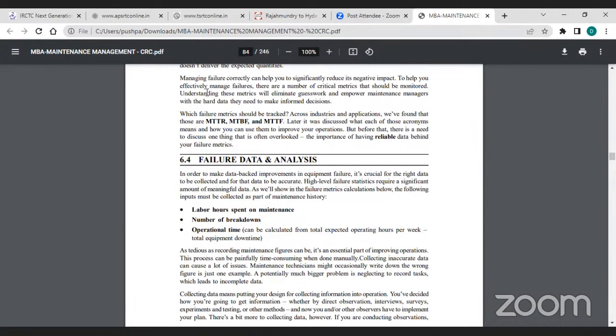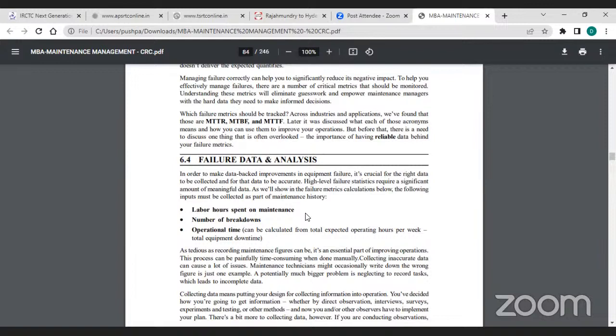Then we have also seen failure data and analysis, how we analyze the failure metrics. Failure metrics are analyzed in the form of labor hours spent on maintenance, meaning how many labor hours they spend on maintenance, and the number of breakdowns. Breakdowns means the idle time: the machinery is kept idle whenever there is a repair. So that is known as the number of breakdowns.